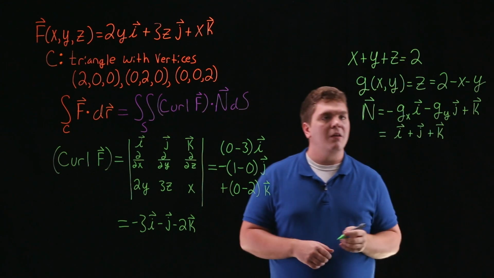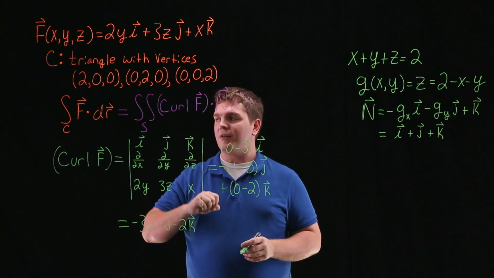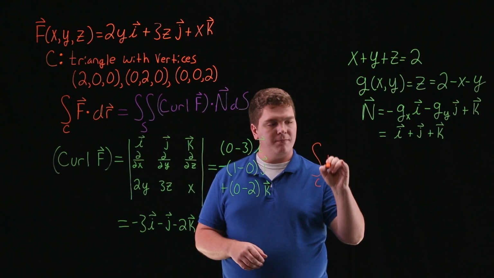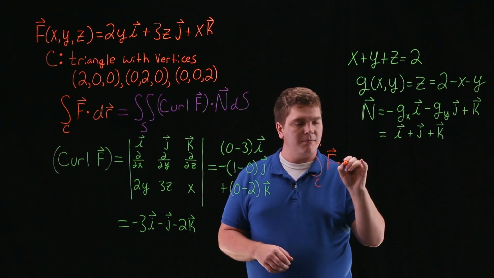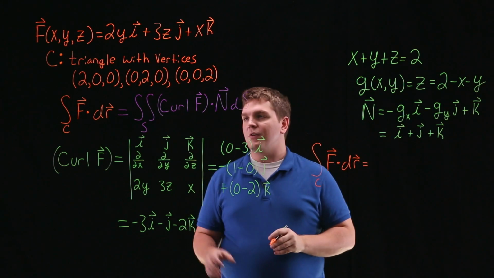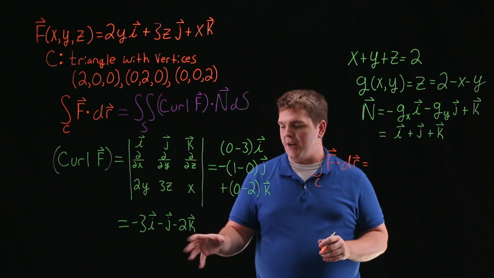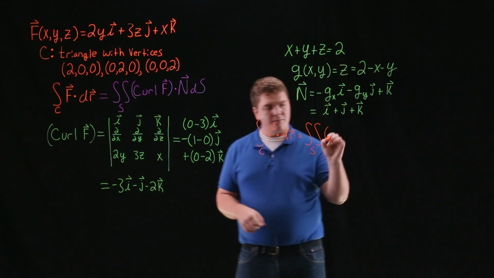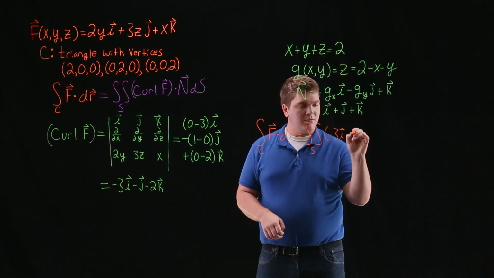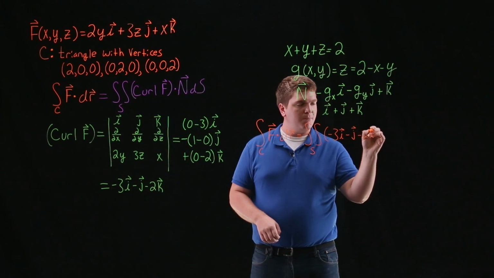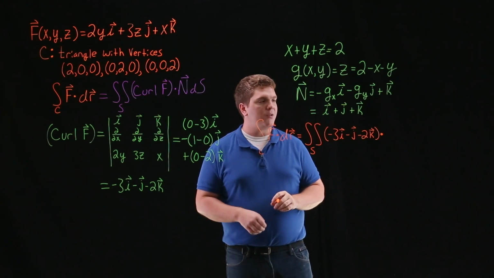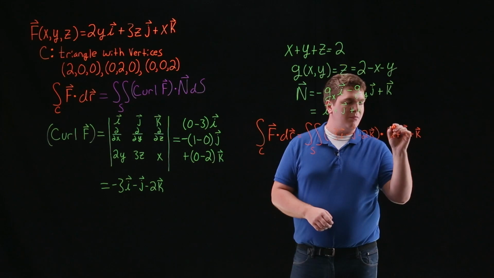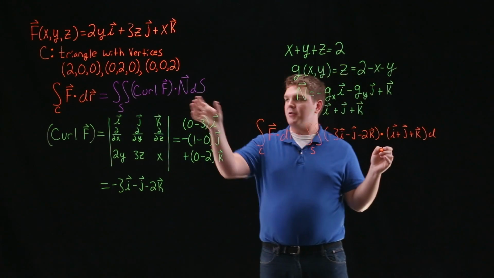Now we go back to finding our integral. The integral over C of F dot dr is equal to the dot product of our curl, negative 3i minus j minus 2k, with this vector n, which is i plus j plus k, and the differential is dS.